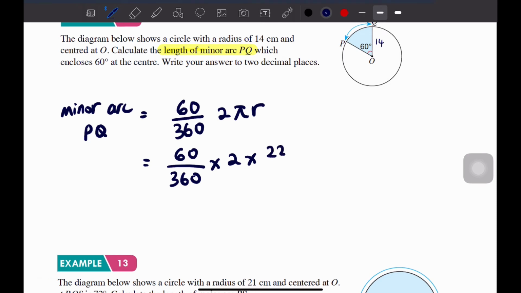Let's use 22/7. R is 14. Just plug this into your calculator: 60/360 times 2 times 22/7 times 14. So the answer is 14.67 centimeter.